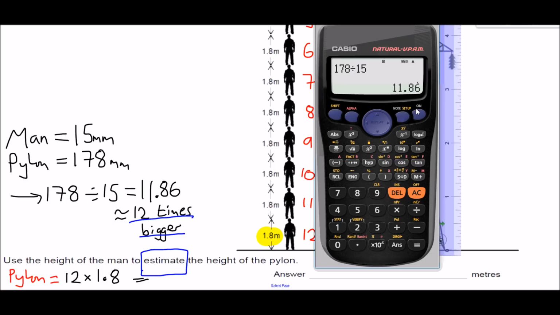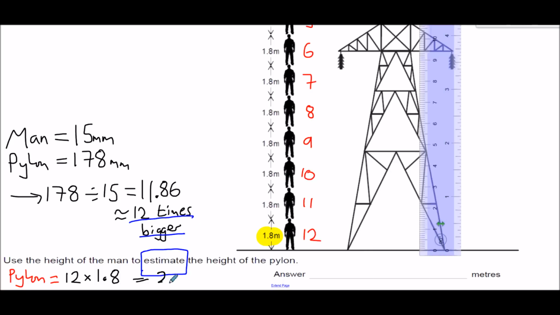What your calculator should be telling you is that the man being 1.8 makes the pylon approximately 21.6 meters high. So the answer would be 21.6 meters.